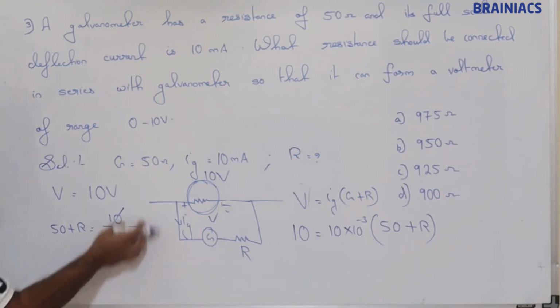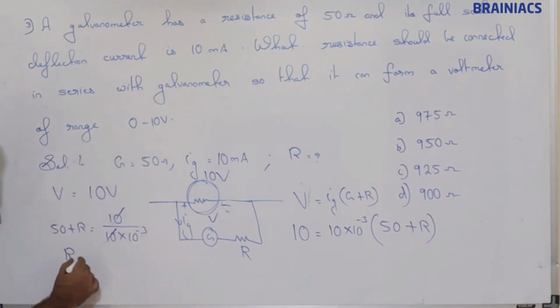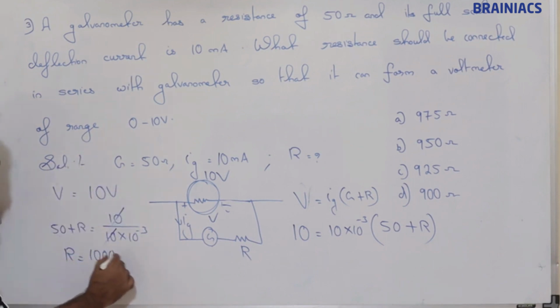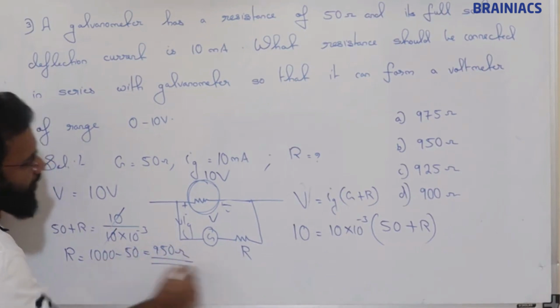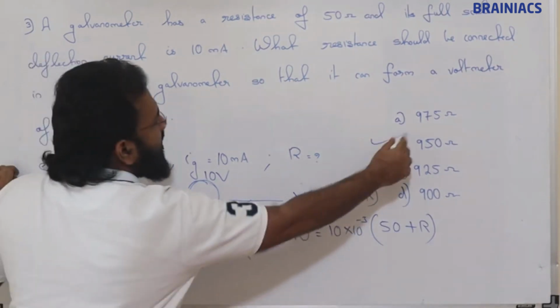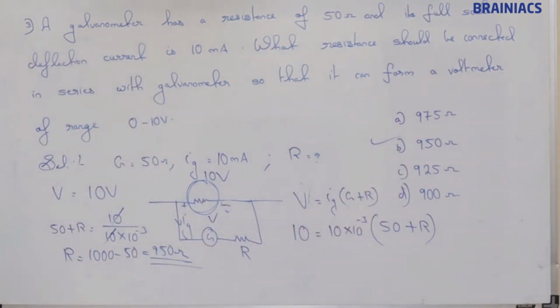The 10 will be cancelled off, this will become 1000. So R is equal to 1000 minus 50, this is going to be 950 ohm. So the answer is 950 ohm. Basic question in the voltmeter concept.